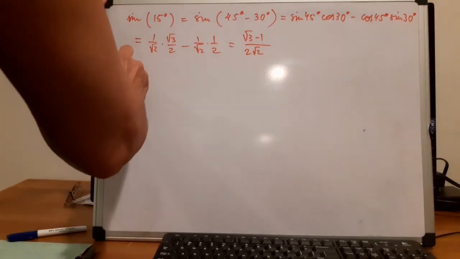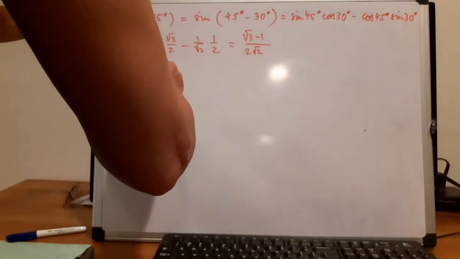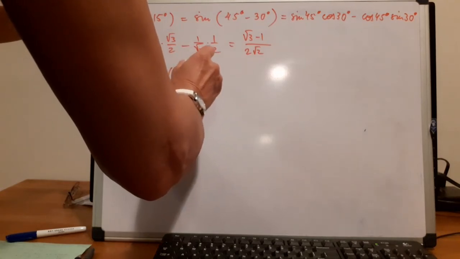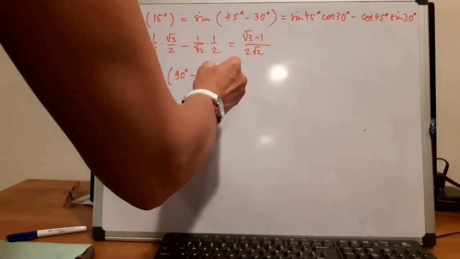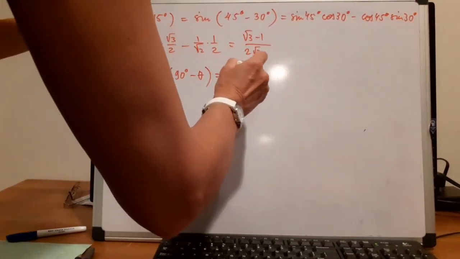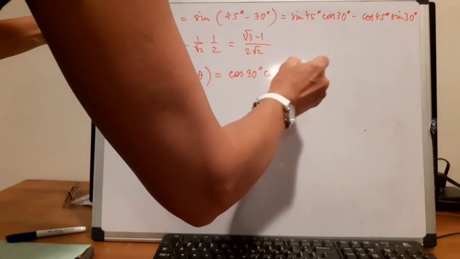So, formula number 5. Let's calculate cosine of 90 degrees minus theta. You see the difference of two angles. I'm going to use a difference formula, formula number 2. So I'm going to have cosine of 90 degrees by cosine of theta, right?